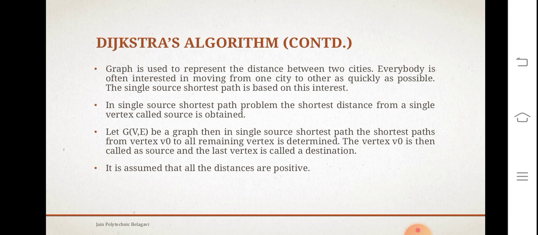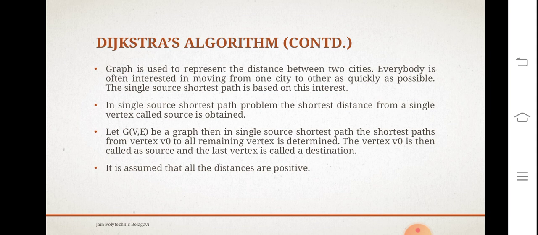Here the graph is used to represent the distance between two cities. Everybody is often interested in moving from one city to another as quickly as possible. The single source shortest path is based on this interest. In the single source shortest path problem, the shortest distance from a single vertex, that is the source, is obtained.